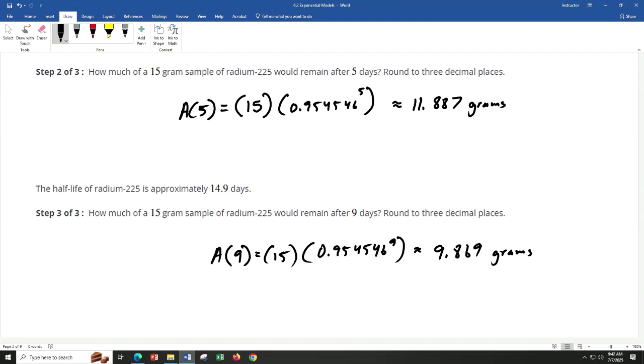You can say, hey, after so many days, I no longer have radium-225. And you can look it up, Google it. It's called actinium or something like that. I forget exactly. 222. It's a brand new element you're holding in your hand after that many days. Still 15 grams. It's changing over time.